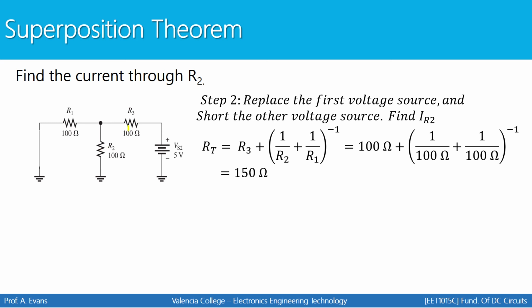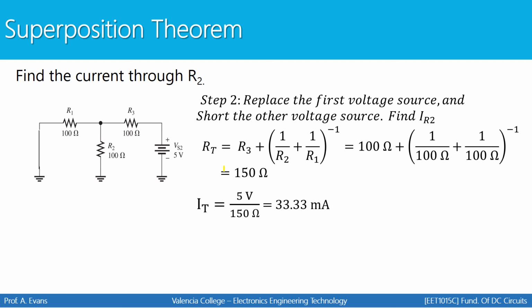Before, R2 and R3 were in parallel. So don't let this number fool you. Look at the circuit very carefully. R1 and R2 are in parallel, and then that parallel combination is in series with R3. This is how we get a total resistance of 150 ohms.